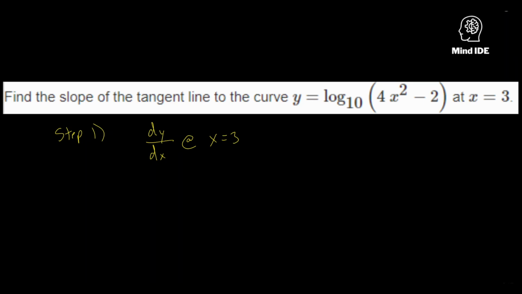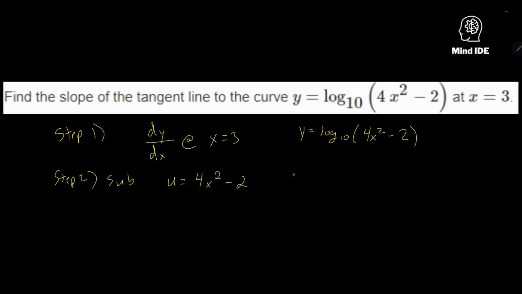So dy over dx, y is this whole thing, log base 10 of 4x squared minus 2. This would be kind of annoying to do, so we're going to substitute. So step 2 is sub u equals this whole thing here, 4x squared minus 2.